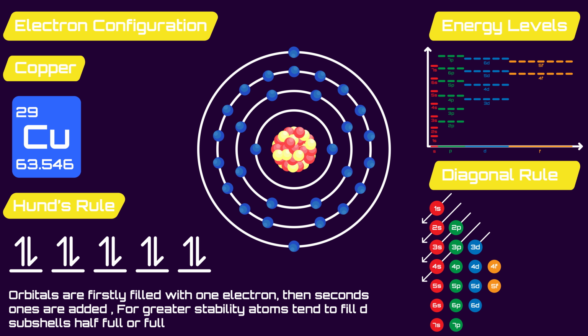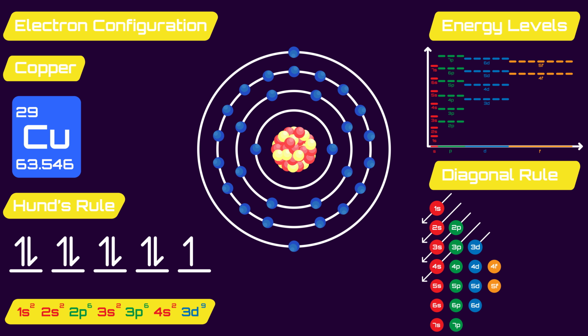Also, for d subshells, atoms tend to fill orbitals half full or full to reach greater stability, in other words, lower energy level. Thus, the d subshell of the third shell holds 10 electrons instead of 9, and the s subshell of the fourth shell holds 1 electron instead of 2.